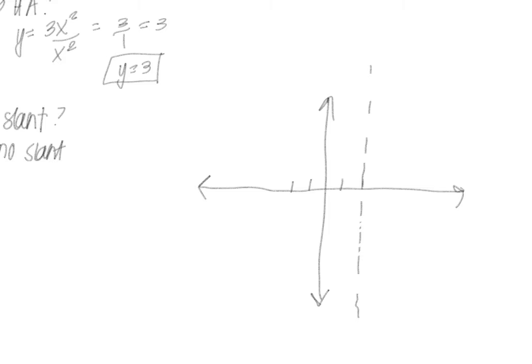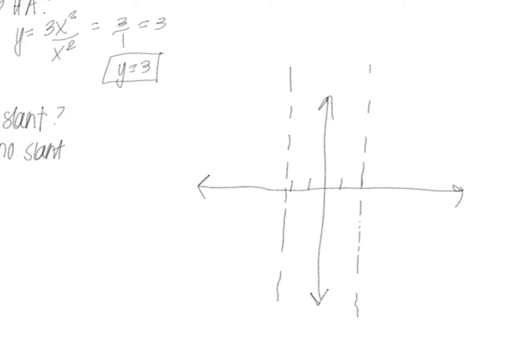Okay, I think I keep slurring these words. The asymptotes at positive and negative 2 are vertical asymptotes. The horizontal asymptote is at y equals 3. And these need to be dotted lines, okay?